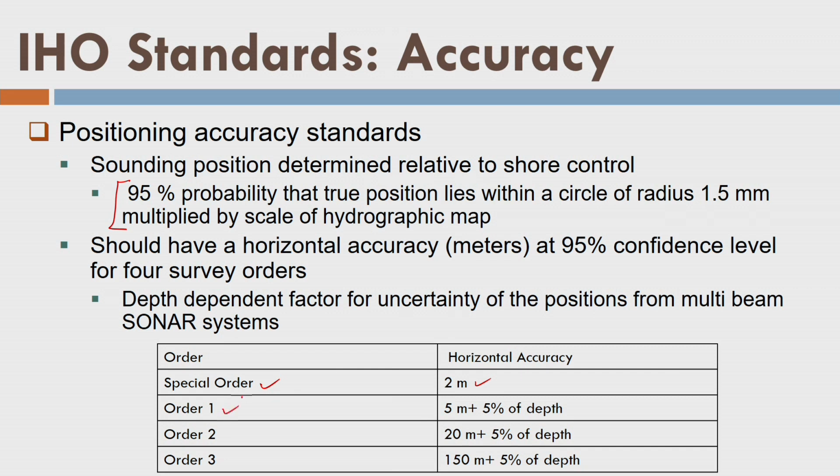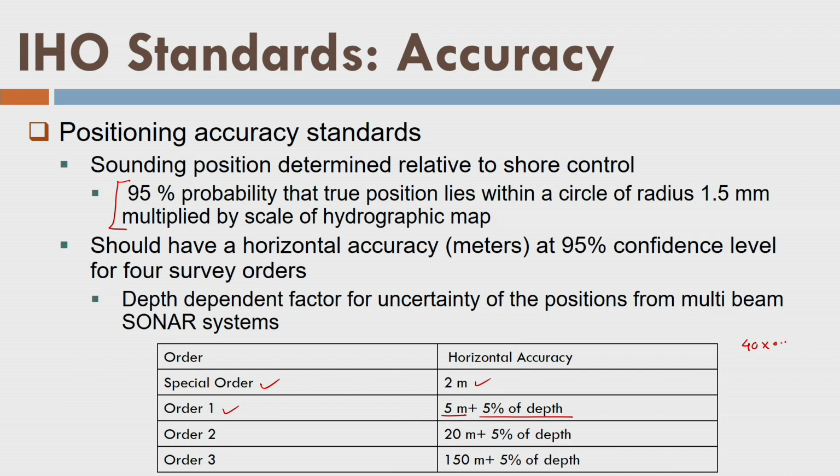Okay. Next is order 1 survey. What is this? It is 5 meter plus 5% of the depth. That means, if my depth is, let us say, 40 meters, now we say that the order 1 survey has to be conducted for depths below 100 meters. So, yes, 40 meter is appropriate for order 1 survey.